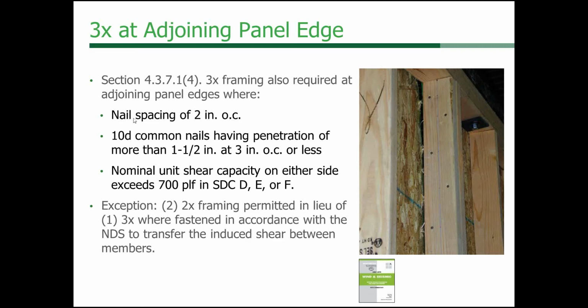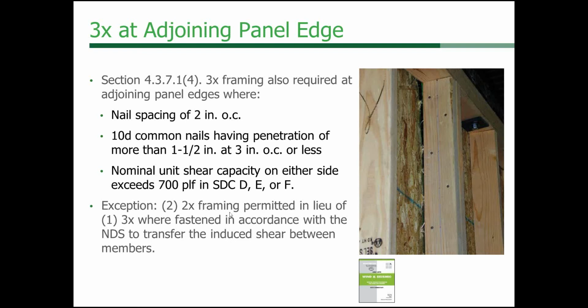So if your nailing is at 2 inches on center, or you have 10-penny nailing having a penetration of more than 1.5 inches, and then you have 3 inches on center spacing, or if you're in seismic design category D, E, or F, and your capacity exceeds 700 pounds per linear foot, then it's going to require you to have a 3-by framing member.